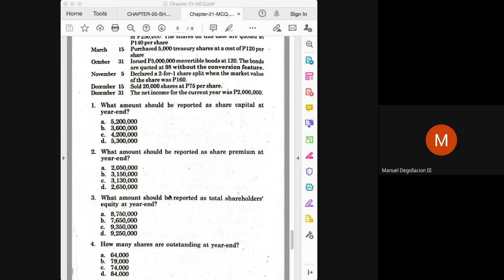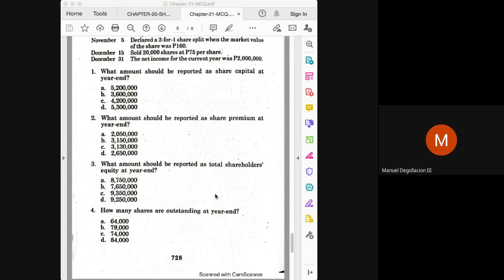Your treasury shares arise from the March 15 transaction, which was 600,000. Okay, so 4,200,000 plus 3,150,000 plus 2 million minus 600,000, you will have 8,750,000. Okay, so the answer number three here is 8,750,000.